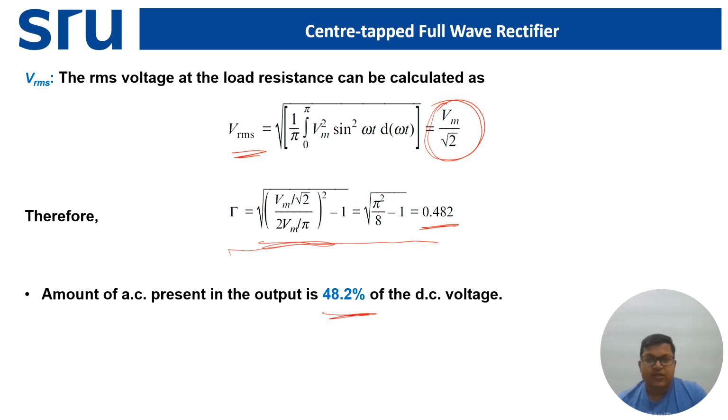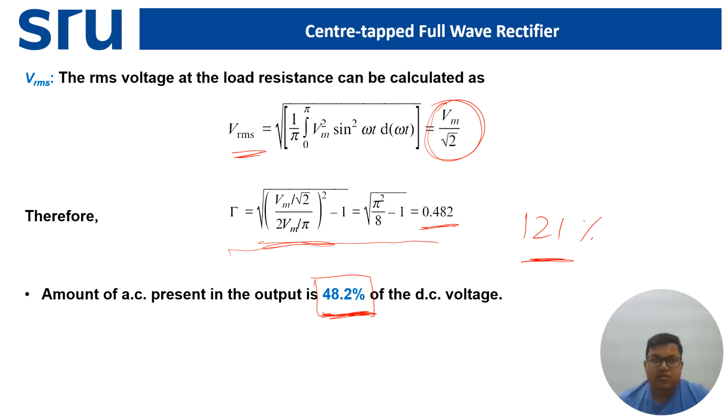You can clearly notice the difference: for the half wave rectifier it was 121% of the DC value itself, but as soon as we make it a full wave rectifier, it reduces to a number below 50%.